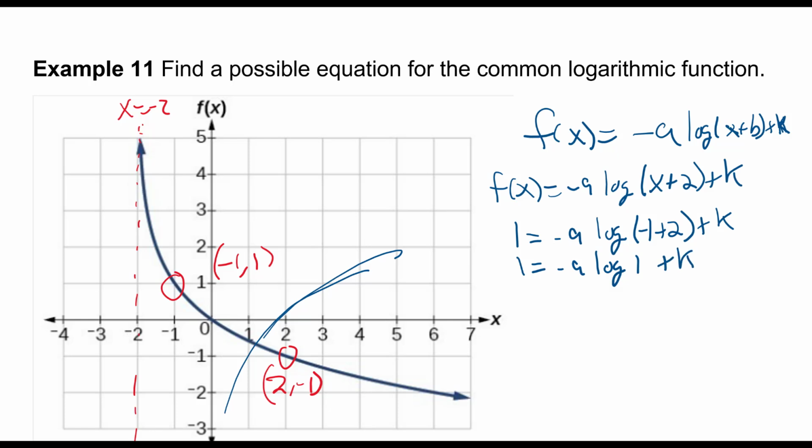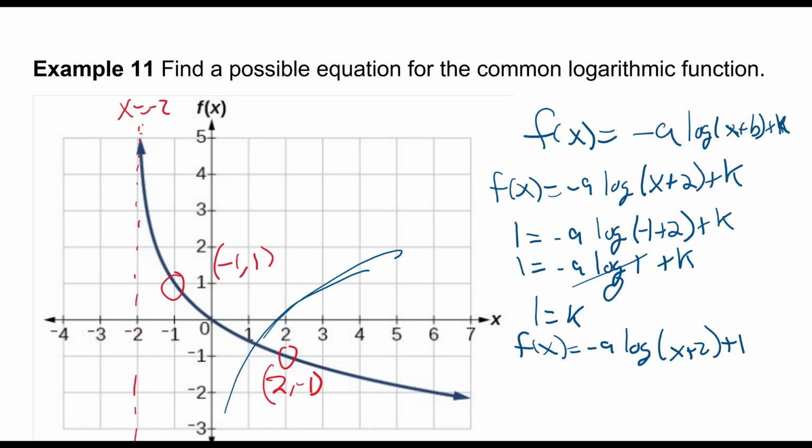Well, log base anything of 1 is 0, because anything to the 0 is 1. And I don't want to get an argument about log base 0, and we don't do log base 1. But my point is that this part here is just going to be 0. So it's 1 equals k. So we know that f of x equals -a log of x plus 2, plus 1.